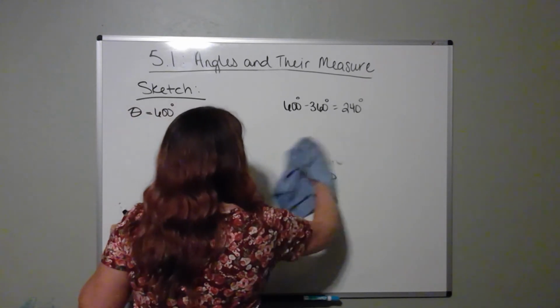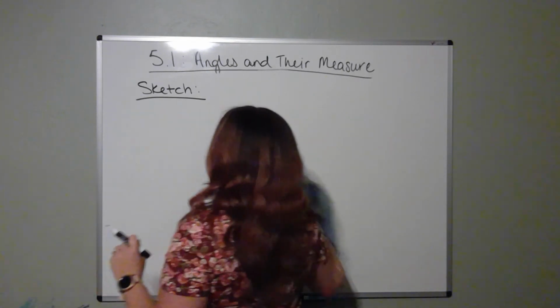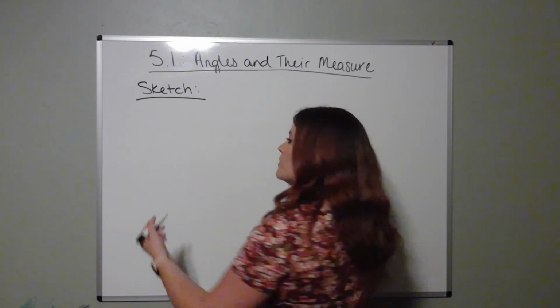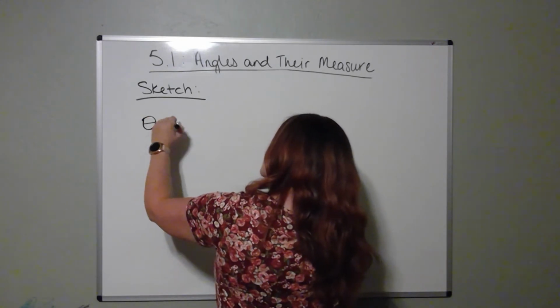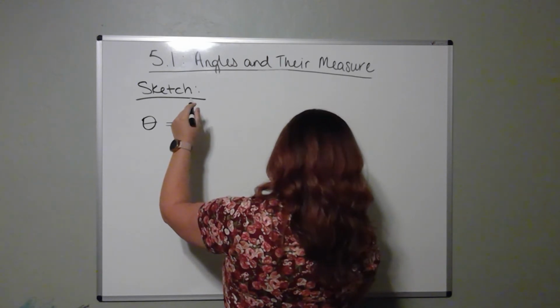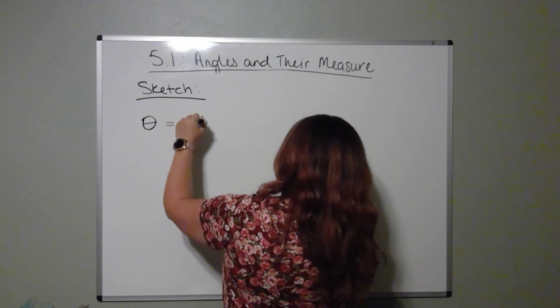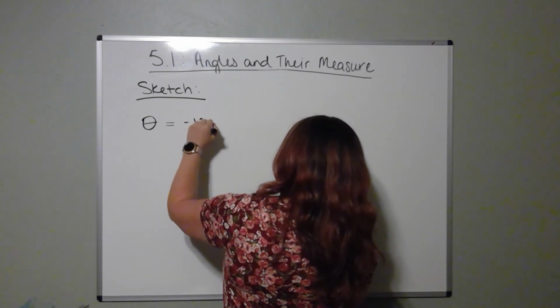What if they gave you an angle, again looking for coterminal, but this time the angle they give you is negative? Let's say we start with negative 120.